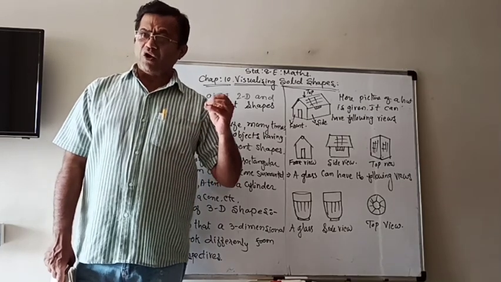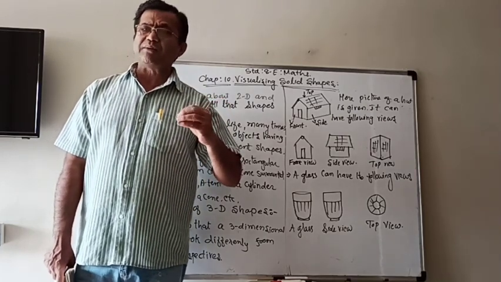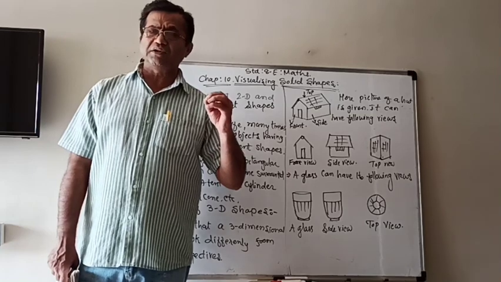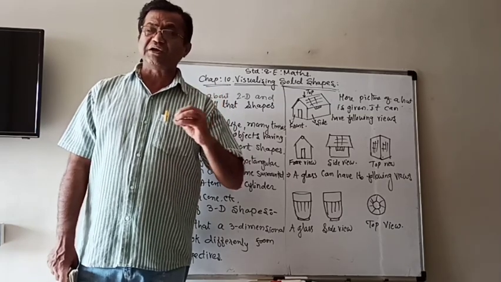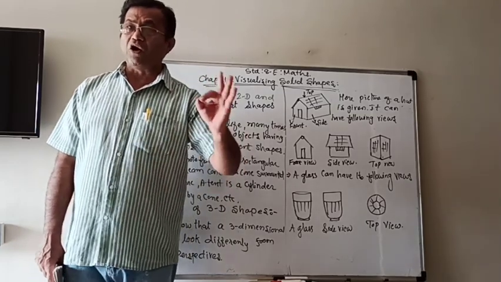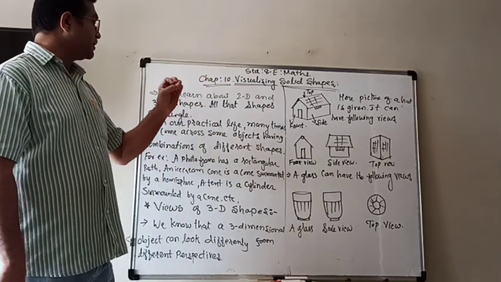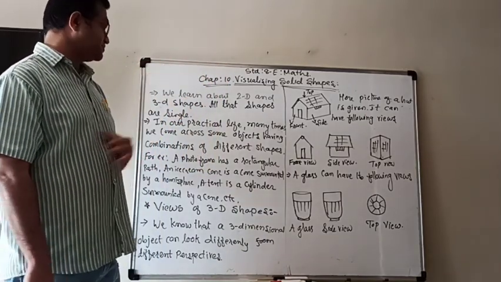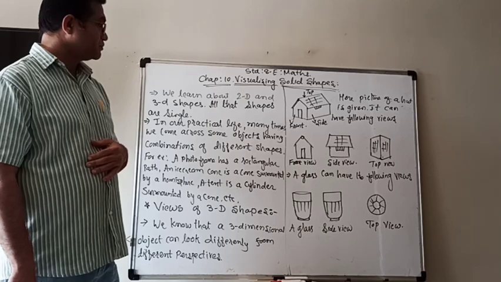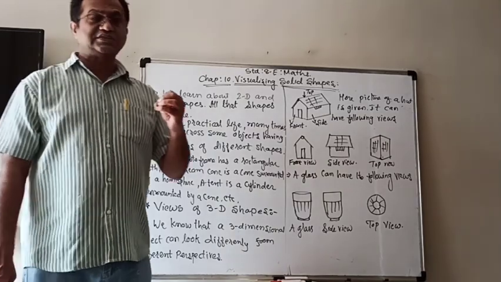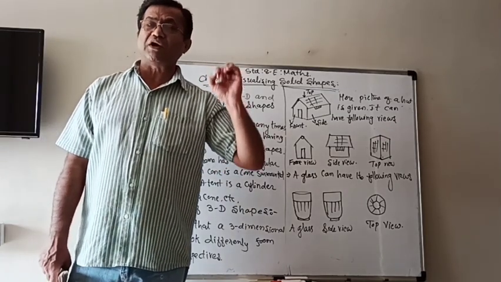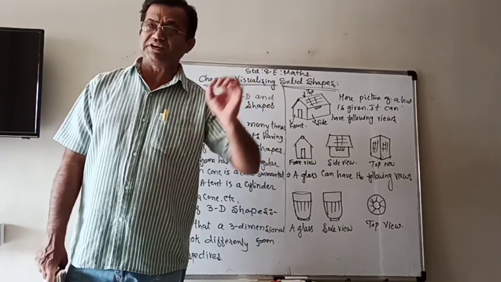Now, all these two-dimensional or three-dimensional objects we learned are single shapes. That means they are made up of only one type of solid, 3D shape.